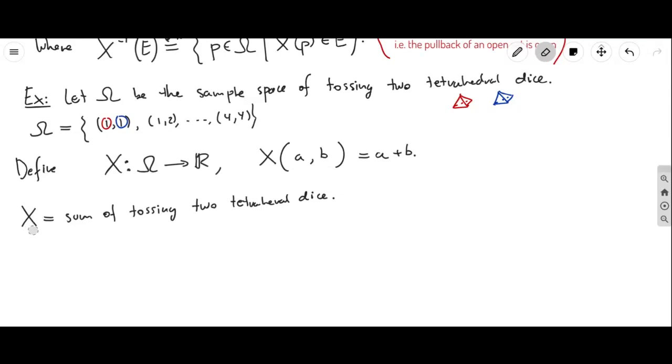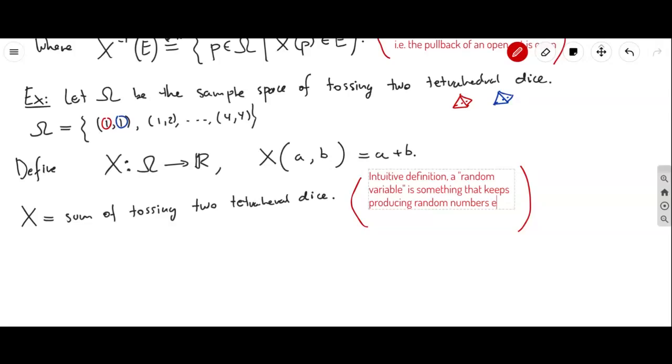In the old days, this is the way people thought of a random variable, before you had mathematical rigor. This is the intuitive definition: a random variable is something that keeps producing random numbers each time you do it.